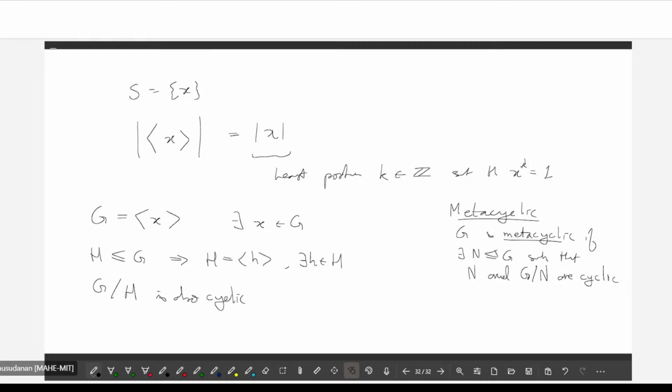Firstly, the Klein 4 group is the smallest non-cyclic group. Second, it is abelian. And I tell you that it has at least one proper non-trivial subgroup. Then it must be metacyclic. Why?